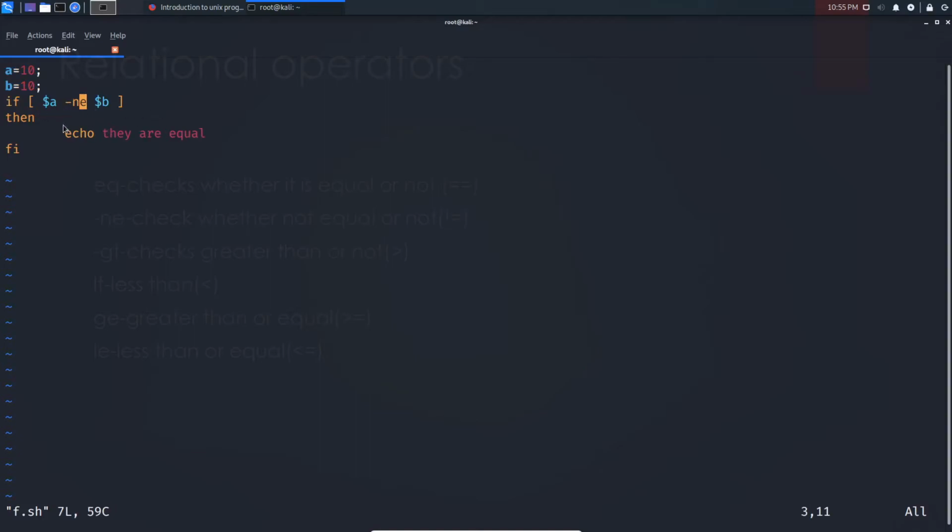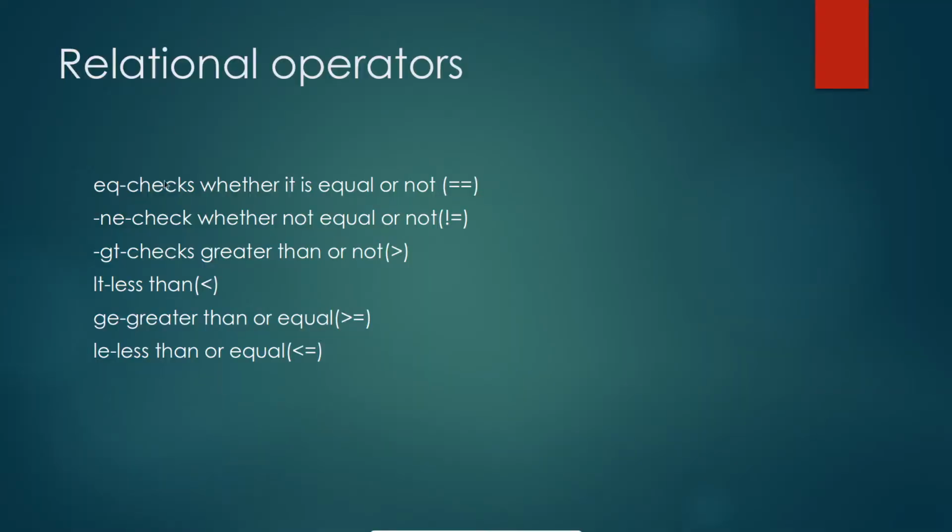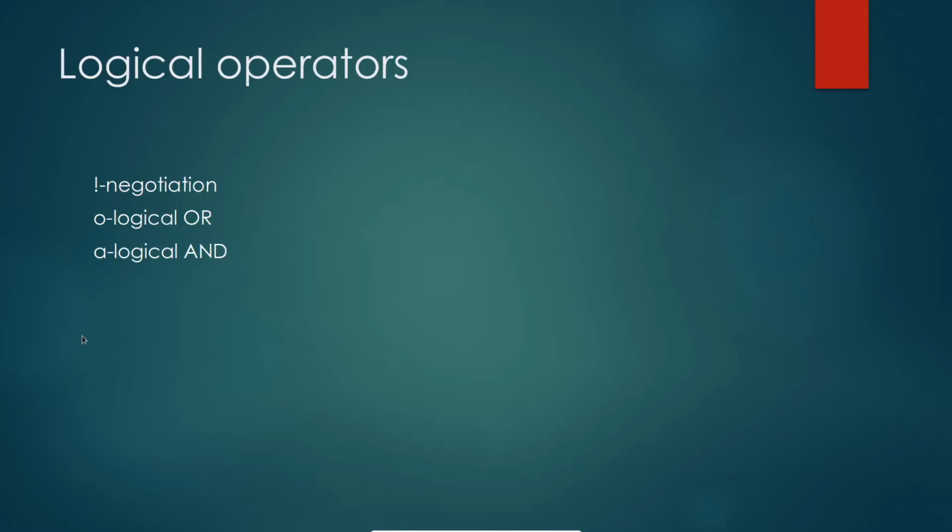We didn't write an else case, so nothing is printed. Less than, greater than or equal to, and less than or equal to are performed like this, by placing a hyphen in front of LT or GE. So this is how we do relational operators in shell scripting.